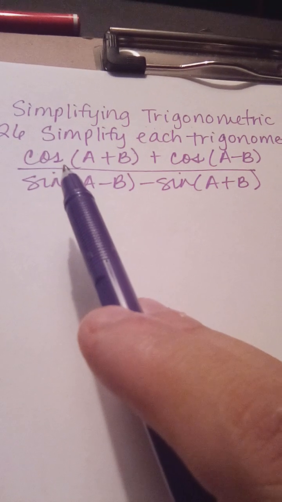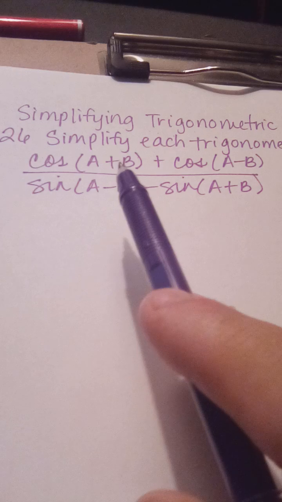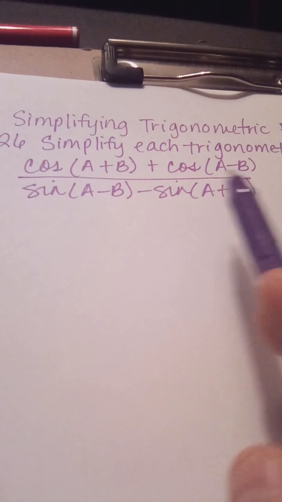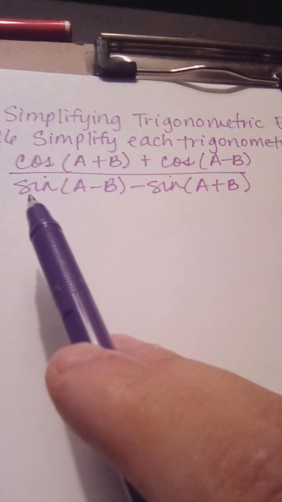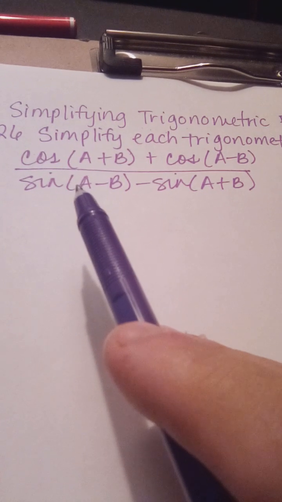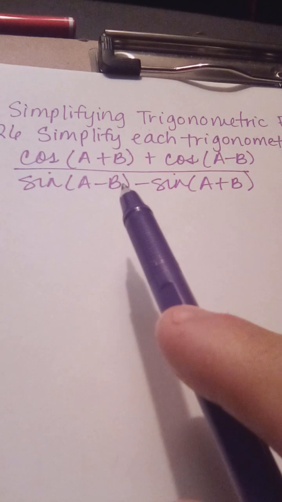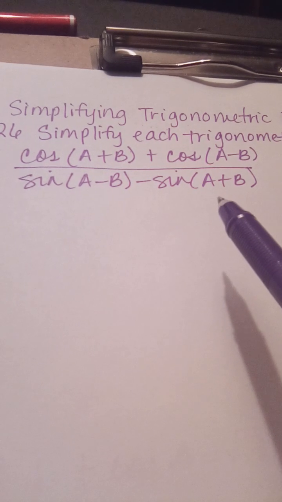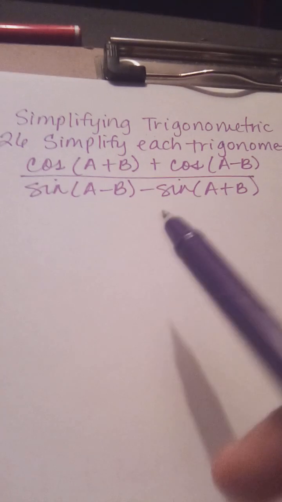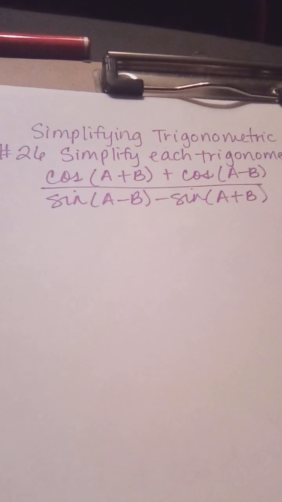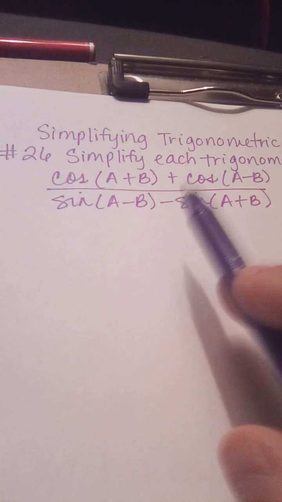The numerator is cosine (a plus b) plus cosine (a minus b), over the denominator, sine (a minus b) minus sine (a plus b). So this is the problem we're going to be encountering. We're going to have to expand the numerator and the denominator.